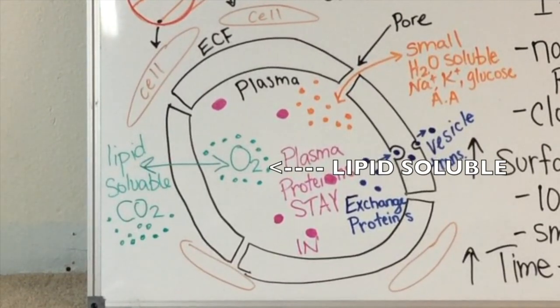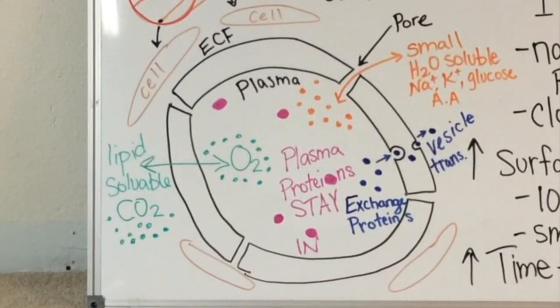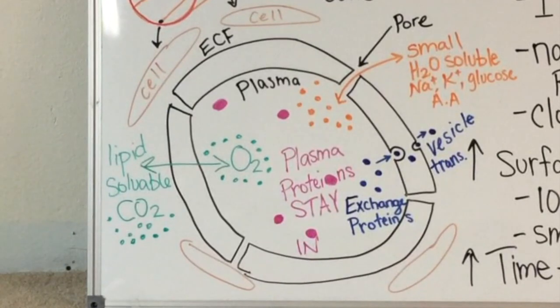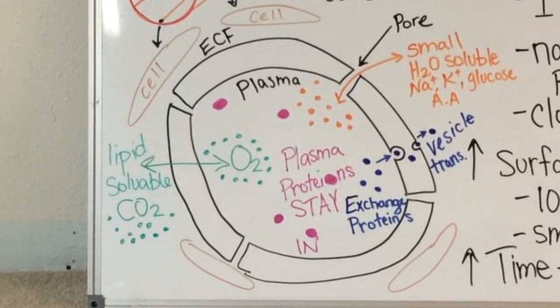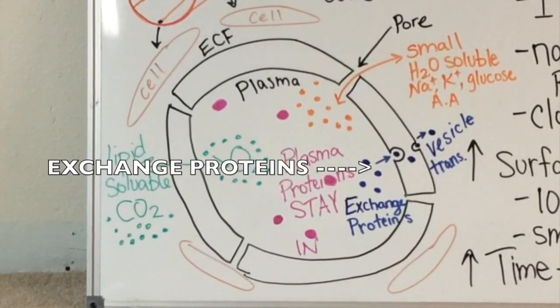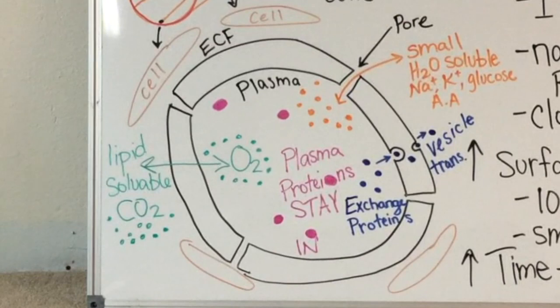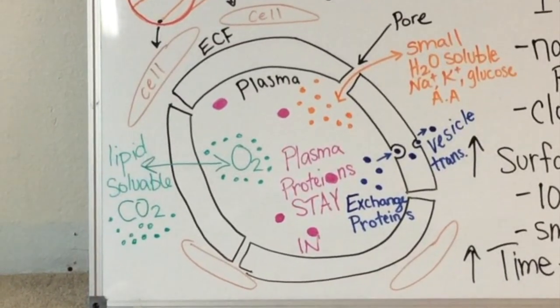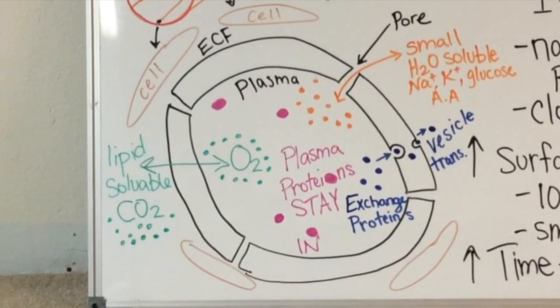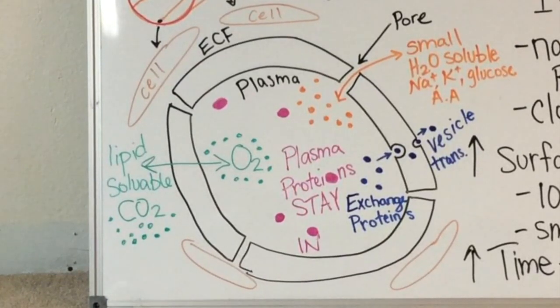Lipid-soluble molecules like oxygen and carbon dioxide are able to diffuse directly through the endothelial cells. Large exchange proteins are able to move out of the plasma by using vesicle transportation. This is where the endothelial cell will engulf the exchange protein, transport it to the other side of the endothelial cell, and then release it.